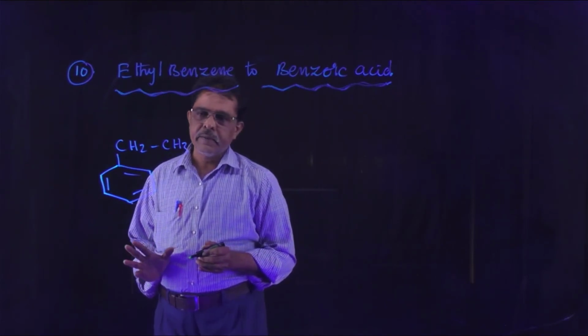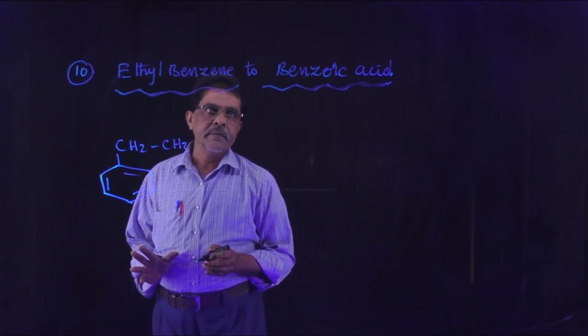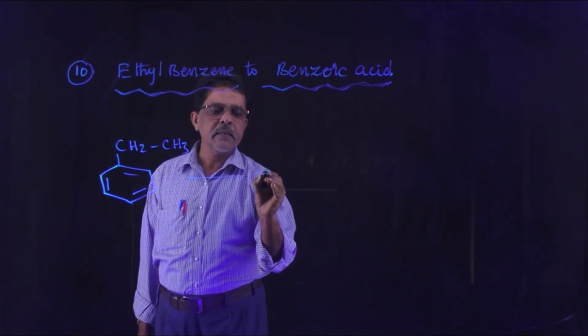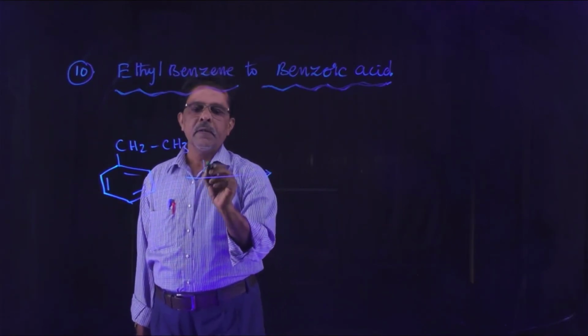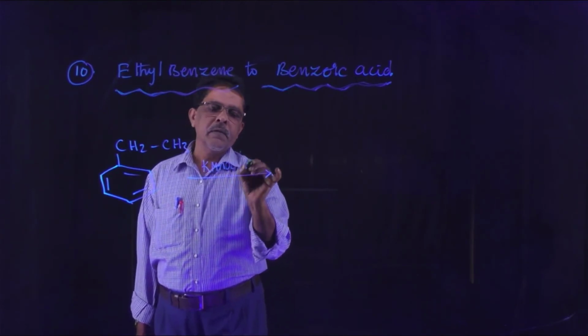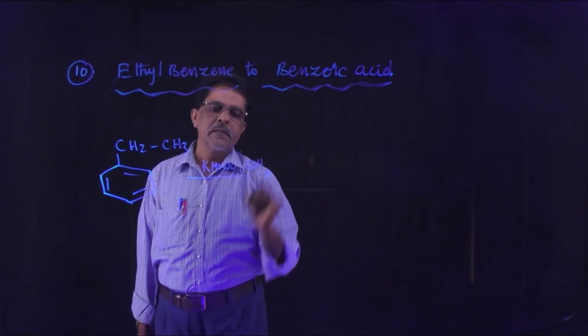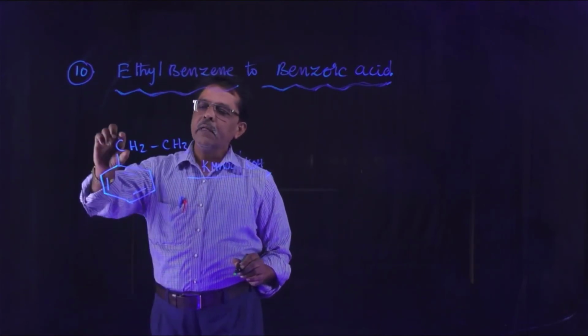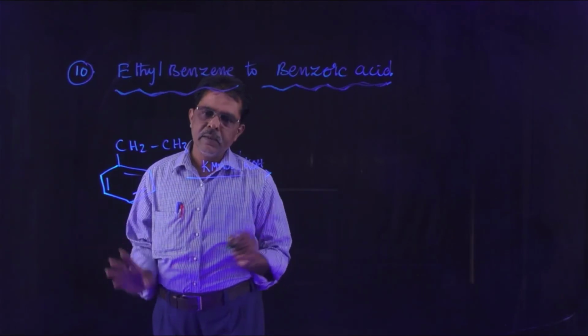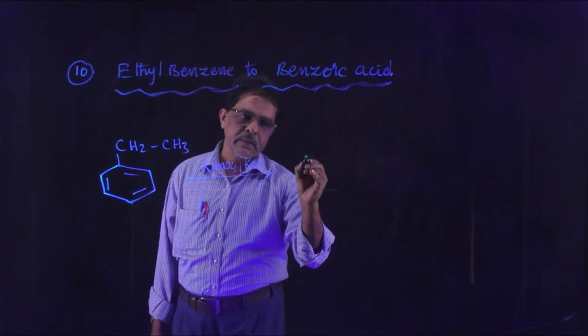First of all, we have to oxidize this compound with KMnO4 in the presence of base KOH. Whatever the length of the side chain, it must be oxidized into benzoic acid.